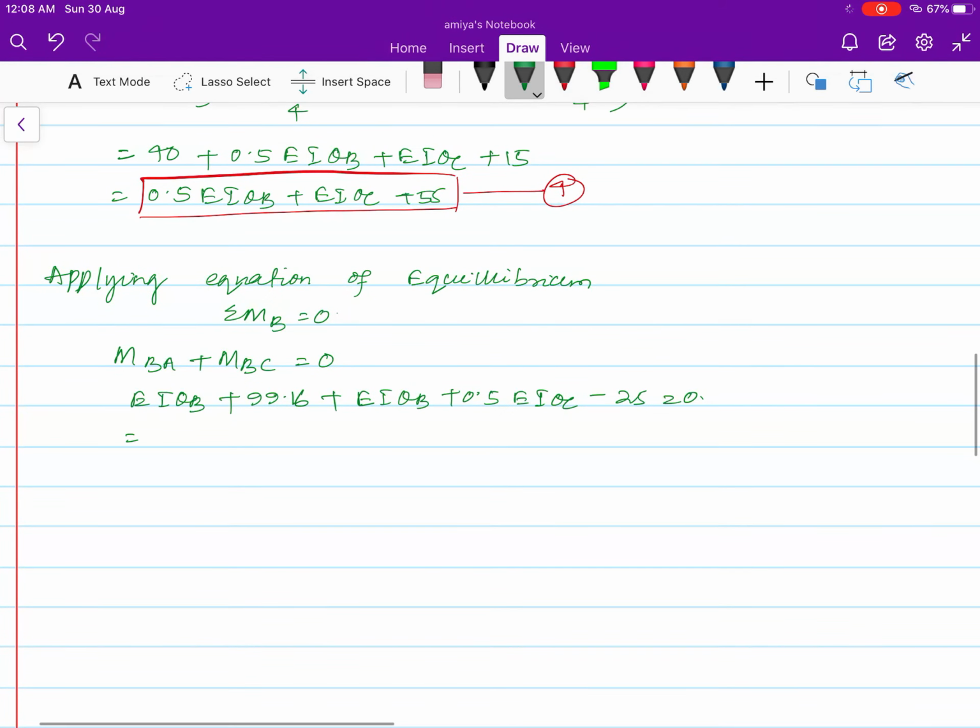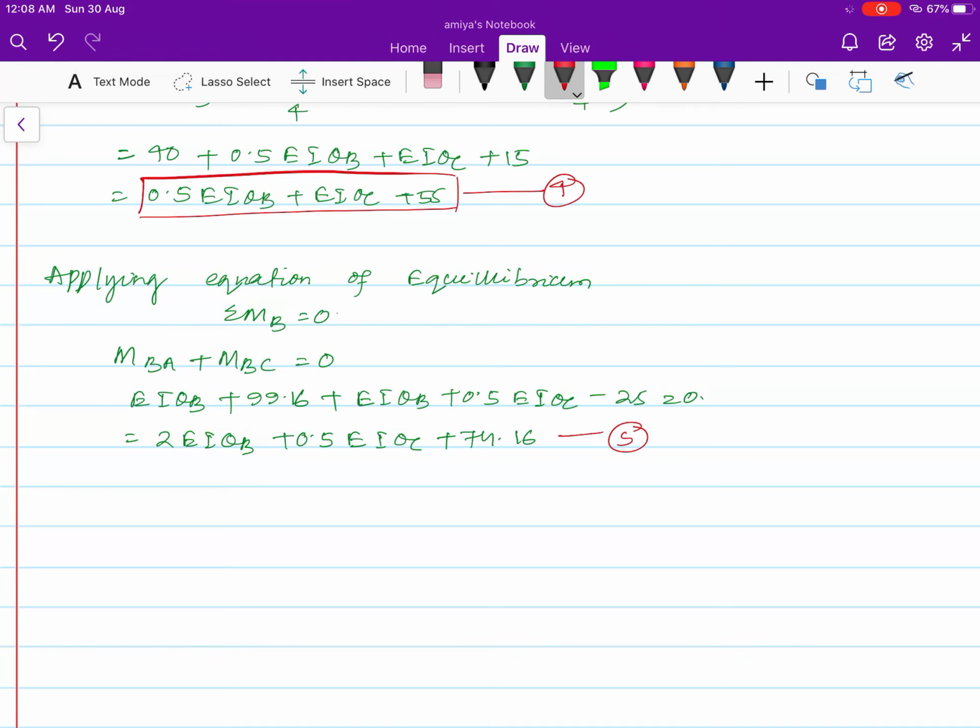So this equation becomes 2 EI theta B plus 0.5 EI theta C equals 99.16 minus 25, which is 74.16. This is our equation 5.